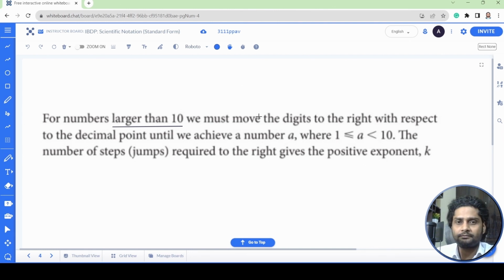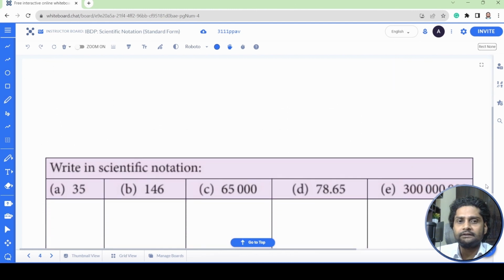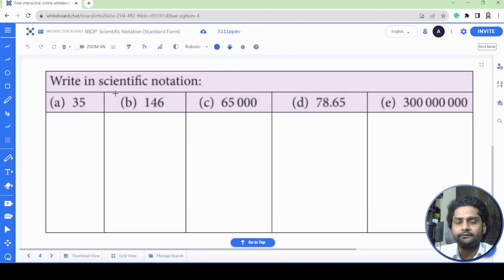Whenever we have a number with no decimal present, we imagine it to be at the end of the number. Let's take an example, 35. The rules that I'm going to tell you here will be applicable to all numbers which are greater than 10.